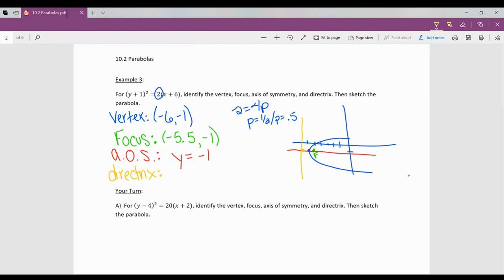So at x equals -6.5. All right, so that is how we find the vertex, focus, axis of symmetry, and directrix, and sketch it from the equations. Now you try the next couple.